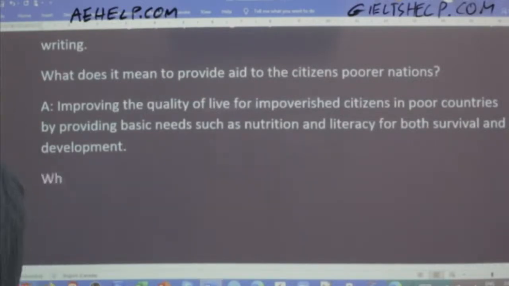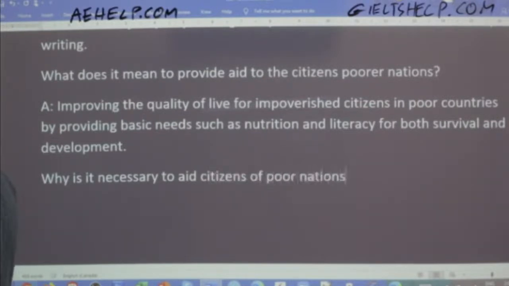So why is it necessary to aid the citizens of poor nations? Can you answer this for me? So why is that important? Why do it? Right?